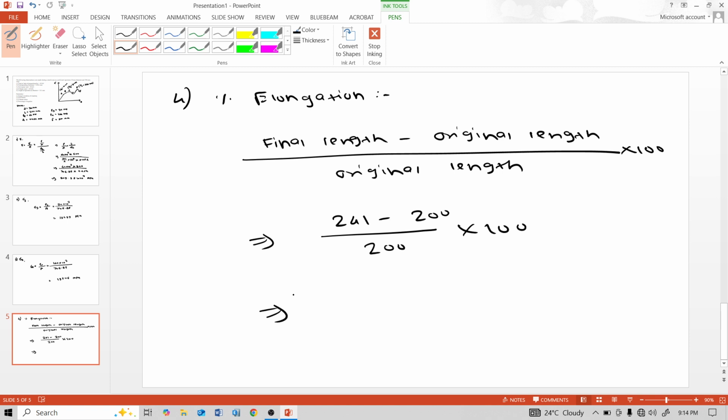Percentage elongation is 241 minus 200 upon 200 into 100, which is 20.5%.